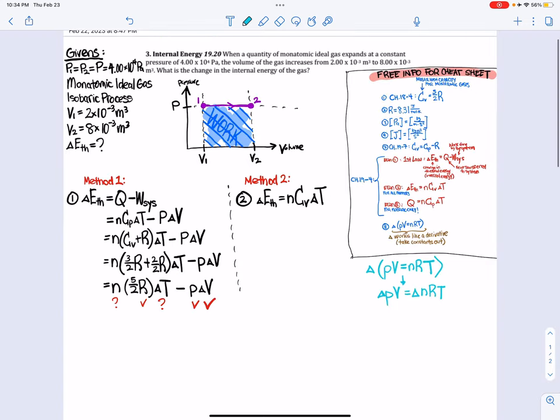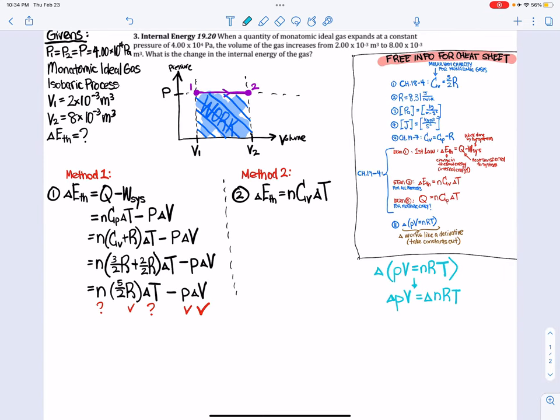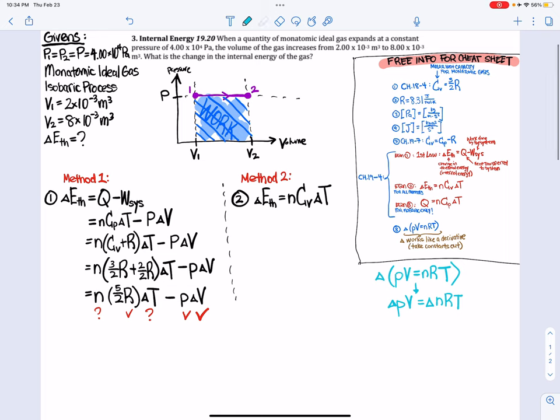And again, in this problem, it's stated that pressure is constant, right? Constant pressure. So P1 equals P2, which we'll call P. And again, this works like a derivative. I could take the constants out. So since my pressure is constant, it becomes P delta V, because volume is not constant, it changes from V1 to V2, right?